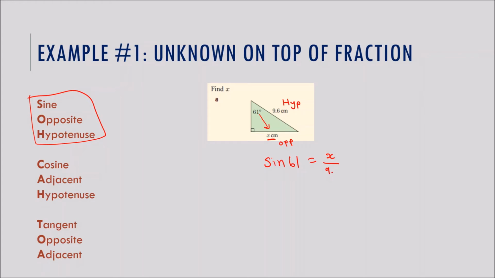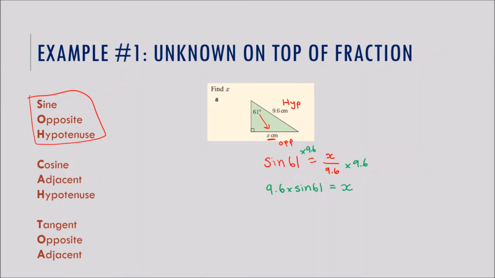Right, I know what my opposite and hypotenuse are, so I have my x on my opposite, and the hypotenuse was 9.6. Now if I want to find x by itself, we use our linear equation skills, and we go, okay, times by 9.6 on both sides. Alright, so this 9.6 on this side, we normally put out the front, because we are not timesing 61 by 9.6, we're timesing sine of 61 by 9.6. And this is then equal to x.